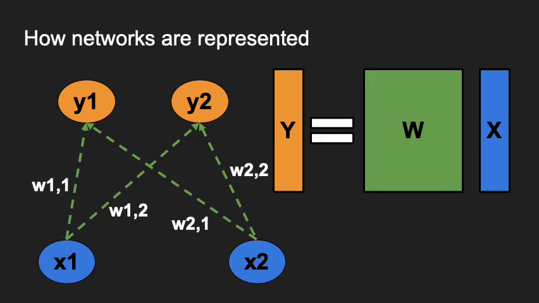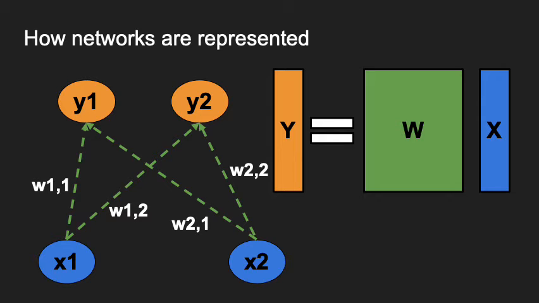So you rarely see this nowadays. You're most likely to see this. Here the way you read it is like this: a big vector y that contains y1 and y2, and a big input vector x that contains x1 and x2, and in between them there's a matrix w that contains all the w's from w1 1 to w2 2.